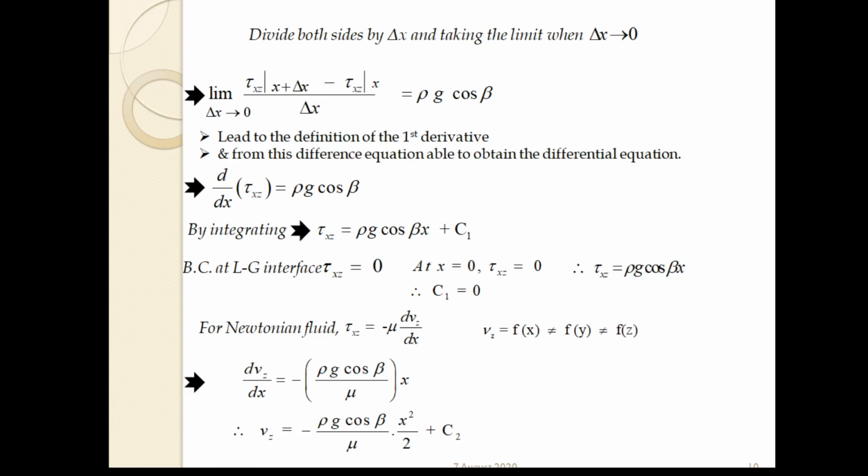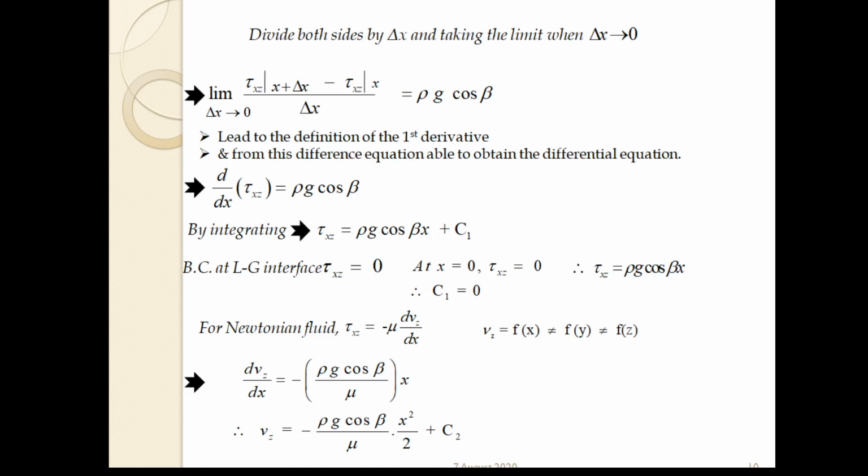Why not c2? Why not the solid liquid interface? Because this tau xz is the shear stress acting on the top and the bottom of the control volume. As we go away from the solid plate, the velocity will increase, and after some distance the fluid velocity will be maximum, and beyond that we will find the gas or the air.